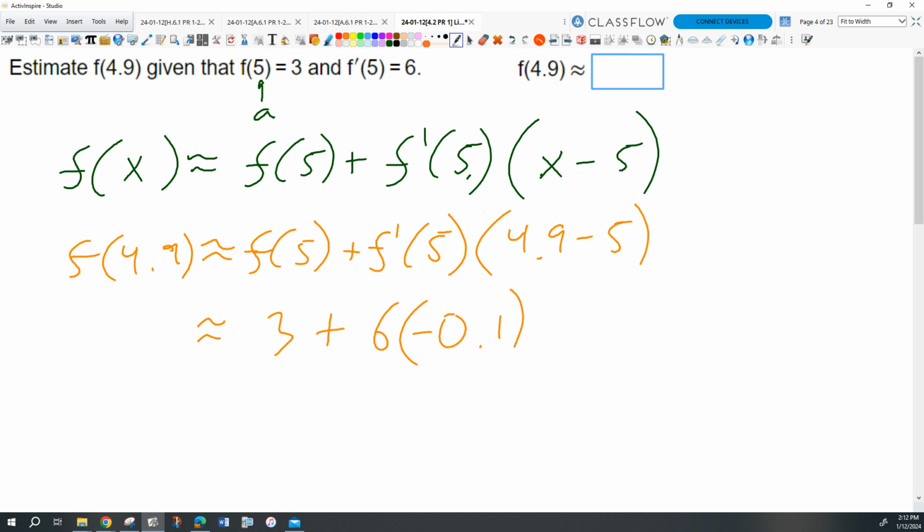Now that negative 0.1, doesn't that make sense as a dx? Because that's how far we've pushed the point away from the convenient value. Does that make sense? Yeah. Okay. Our convenient value is 5 and we're at 4.9, so we're at our convenient value budged to the left by 0.1. Okay. So what's that give us? Which is 2.4.